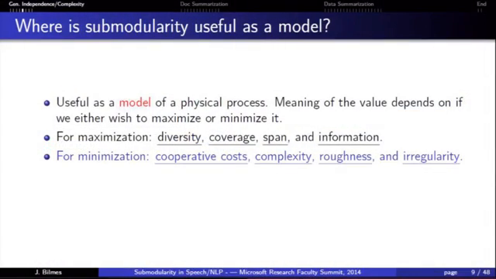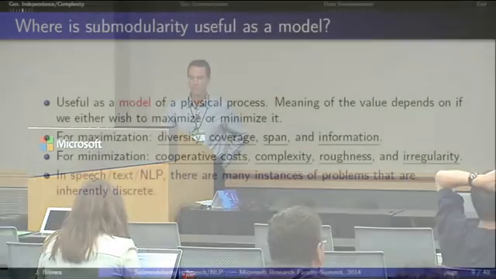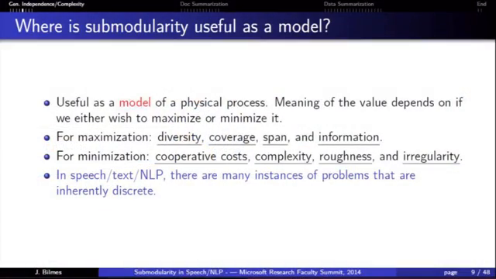And then for minimization, oftentimes one uses submodularity as models of costs that have a cooperative nature, where if you choose one item, then the cost of another item lessens, or complexity measures, or roughness measures, or irregularity measures. Submodularity is useful for either of these contexts. And so in speech and text and NLP, basically you use the submodular function depending on whether you're interested in, say, minimizing cost or maximizing diversity, or sometimes both.